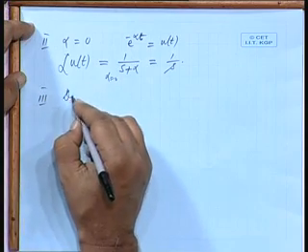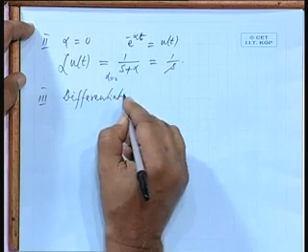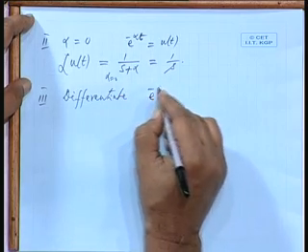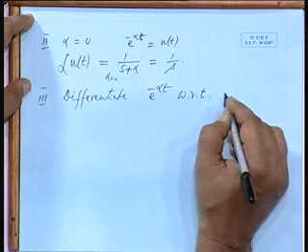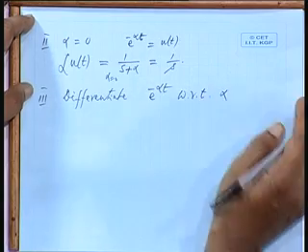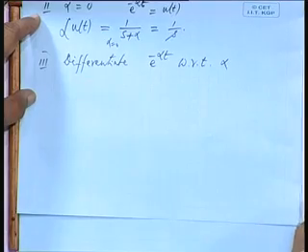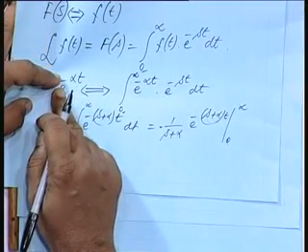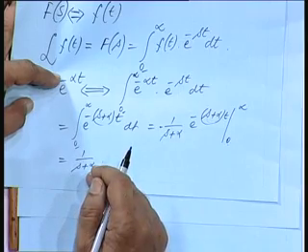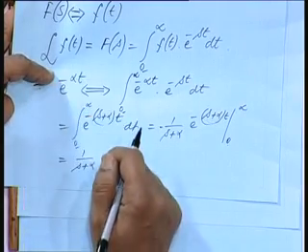Then let us differentiate e to the power minus alpha t with respect to alpha. So, e to the power minus alpha t has given me a transform of 1 by s plus alpha. Alpha is a common term.